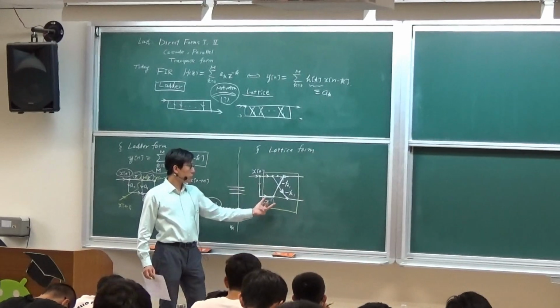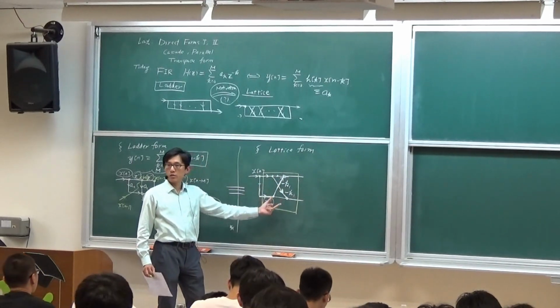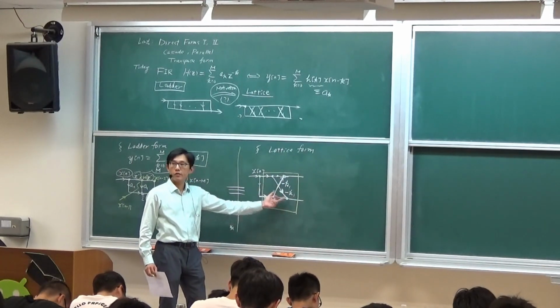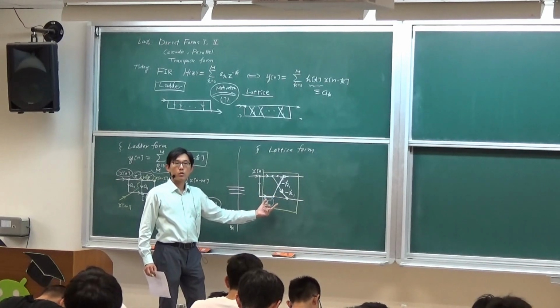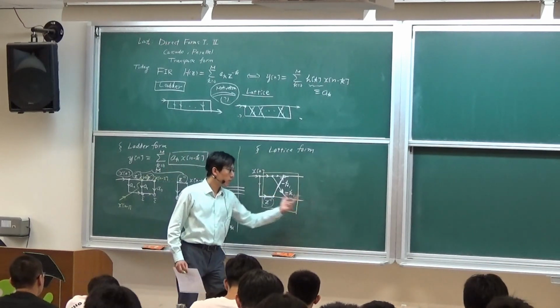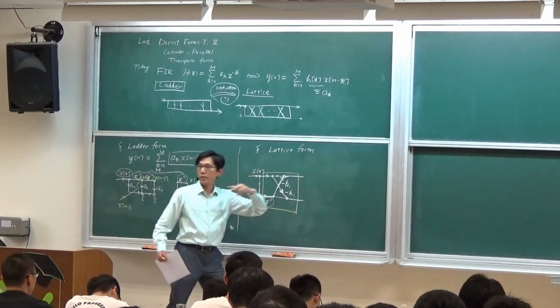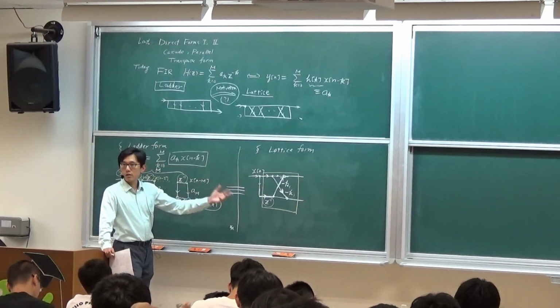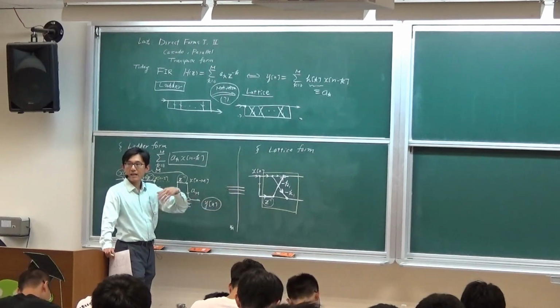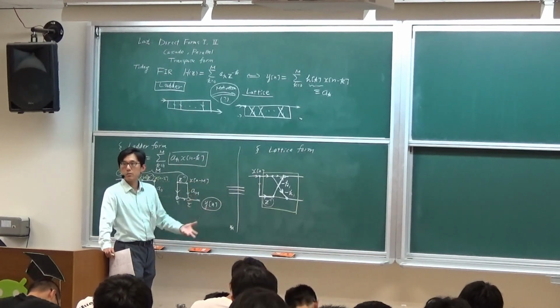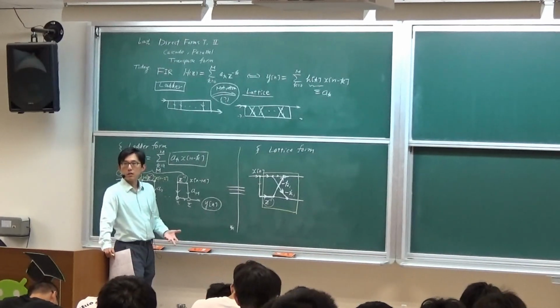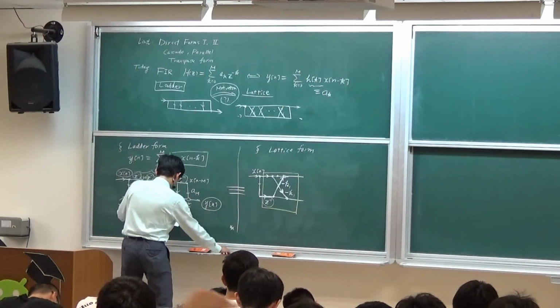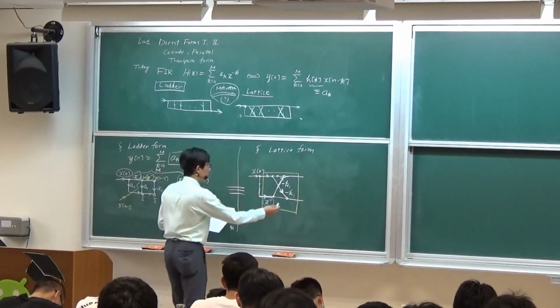So exactly the same connection, same unit. We can consider this as a unit. And we're going to repeat this structure from left to right. We're going to repeat it n times. And that's the definition of the lattice implementation.